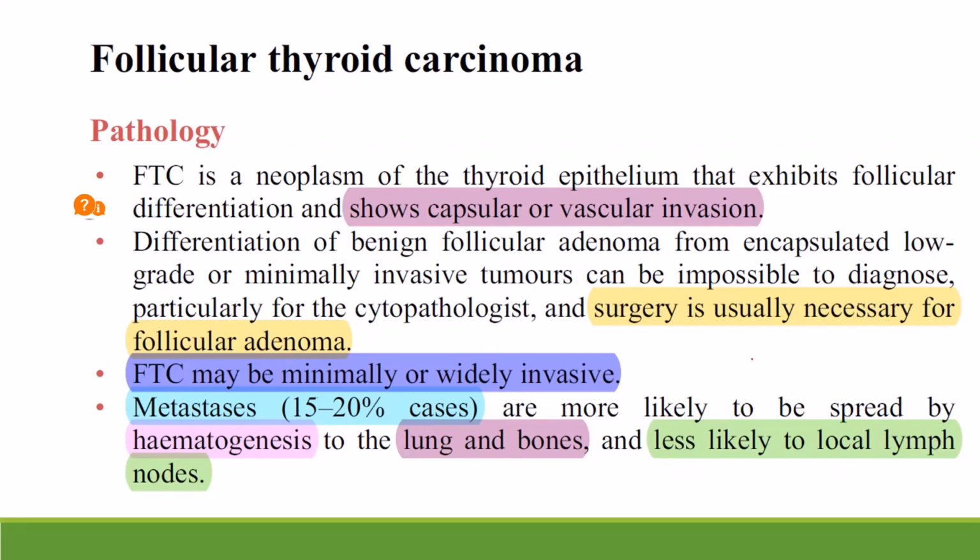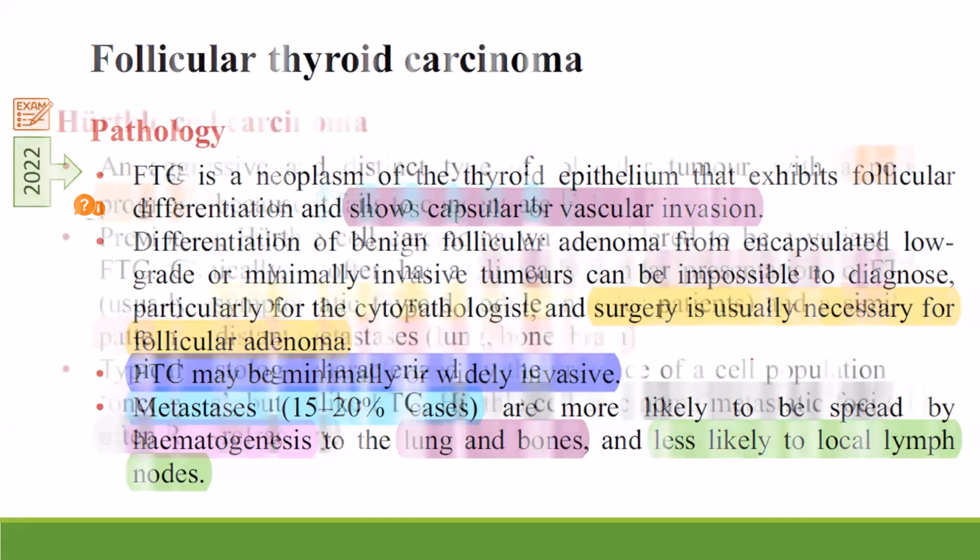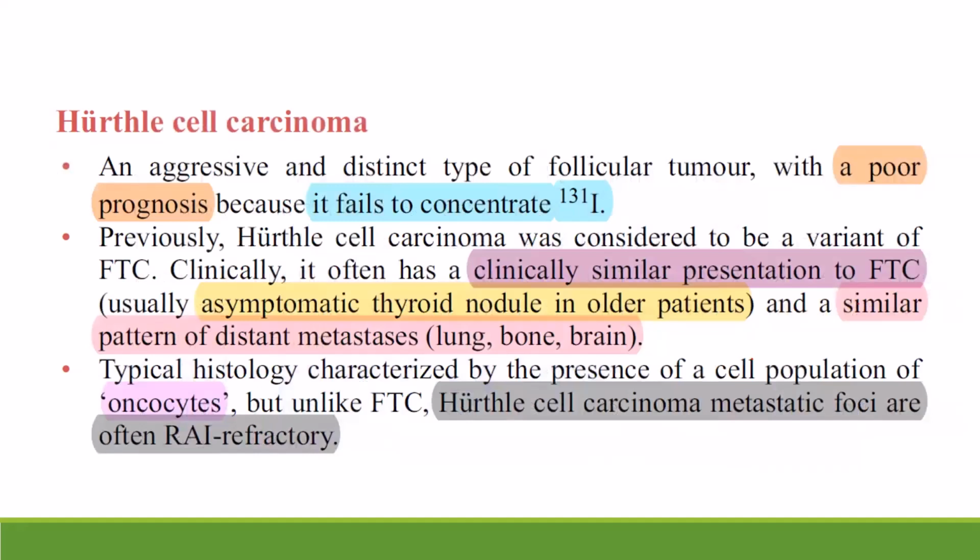Lung and bone metastasis are the most common sites, with less likelihood of local lymph node metastasis. And actually, in some exams, they ask a question about follicular thyroid carcinoma and how to treat, actually the same as papillary.